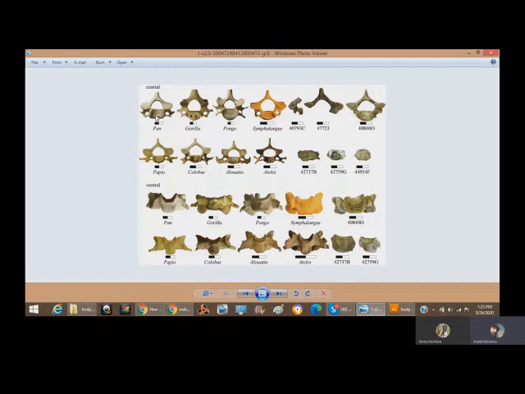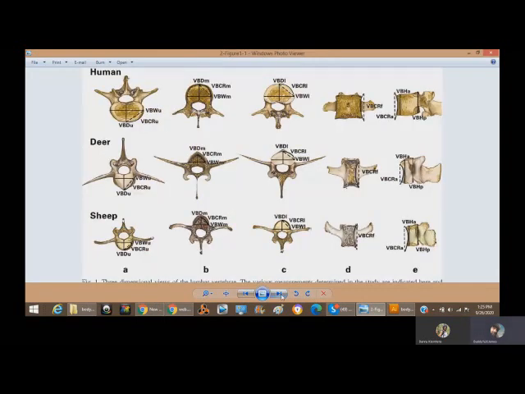I thought it was interesting, I'm going into different types of animals here, and as far as the geometry, I'm interested in how similar vertebrates are and their curvature of their spines, and also the geometries inside here.